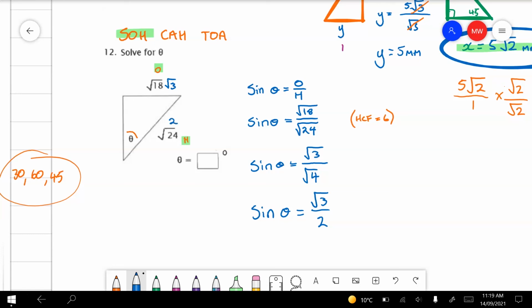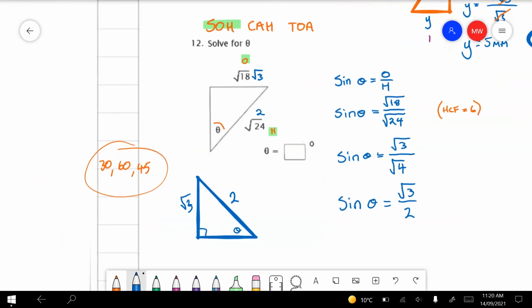And now what I need to do is think about my special triangles and think, if I draw it, in what scenario did I have a situation where this side was root 3 and this side was 2, where I'm trying to find this angle?